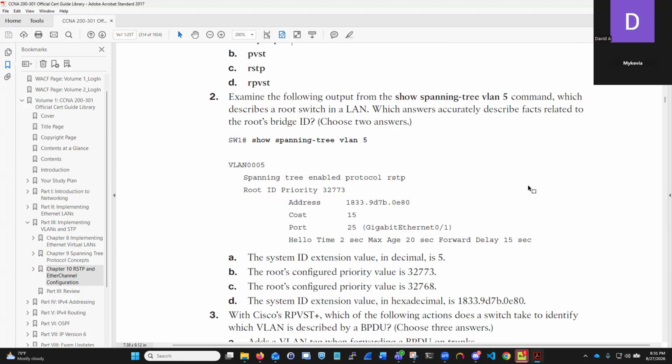The system ID extension value. Well, it says root ID. I'm still going to go with B and D. Positive? Wait, no, hold on. The system ID extension value in decimal is 5.